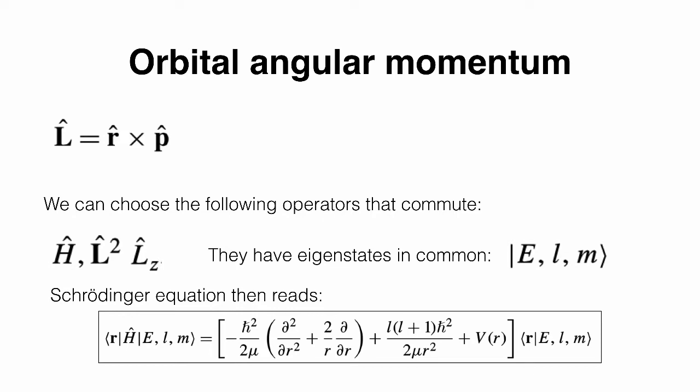That also means that we can write the eigenstate that we are looking for using the labels E, L, and M. E is the eigenvalue of H, L labels the eigenvalue of L square, since the eigenvalues of L square are L times L plus 1 times H bar square. And finally, M is also a good label because M H bar is an eigenvalue of LZ.